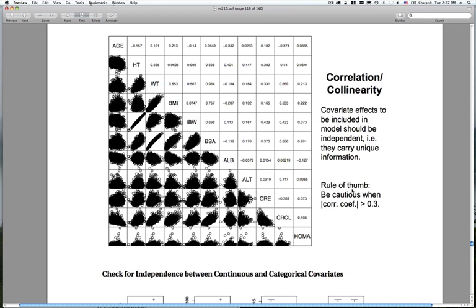This is consistent with some work also that was published a few years ago by Pete Bonnet looking at correlation of covariates, and he found a similar conclusion. If the correlation lands somewhere between 0.25 and 0.5, then it begins to become problematic.